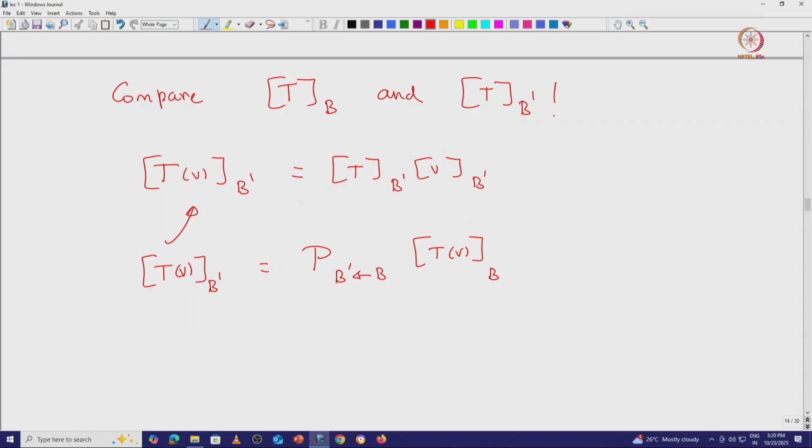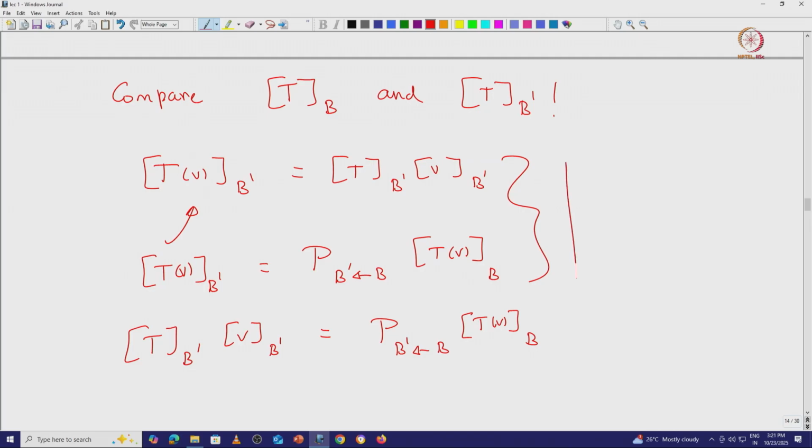Now we just combine all these things. If we combine these two, we get the matrix representation of T with respect to B dash times the coordinates of V with respect to B dash, equal to the change of basis matrix from B to B dash and the coordinates of T V with respect to B.